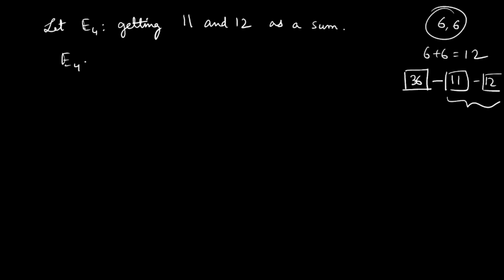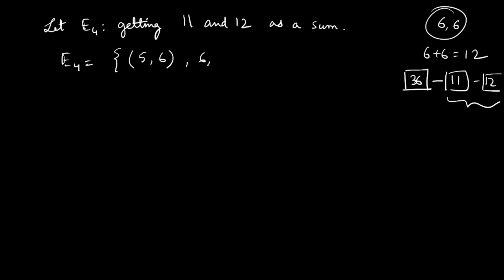So the elements of E4 will be: for 1 it is not possible. For 2, if you get 6 in that second die, the total will be 8, maximum is 8. So for 2 it is also not possible. For 3 not possible. For 4, 6 plus 4 is 10, not possible. For 5, 6 plus 5 is 11. Yeah, this combination is possible.